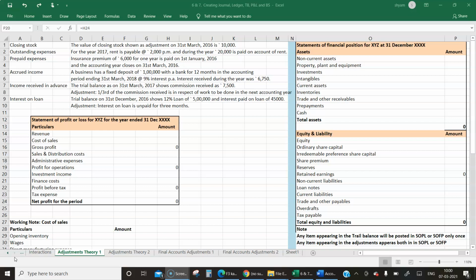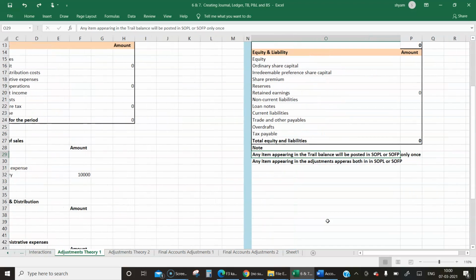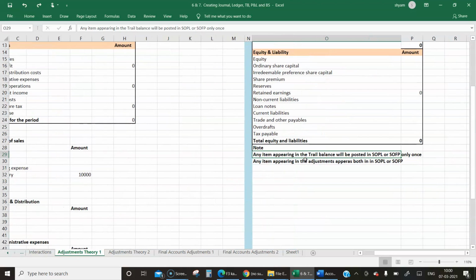These entries have to be added to the trial balance, and they also move to the SOPL and SOFP. You would have already seen the movement of entries or numbers from the trial balance to SOPL and SOFP. If you have looked at it, you would have observed this note: any item appearing in the trial balance will be posted in SOPL or SOFP only once.